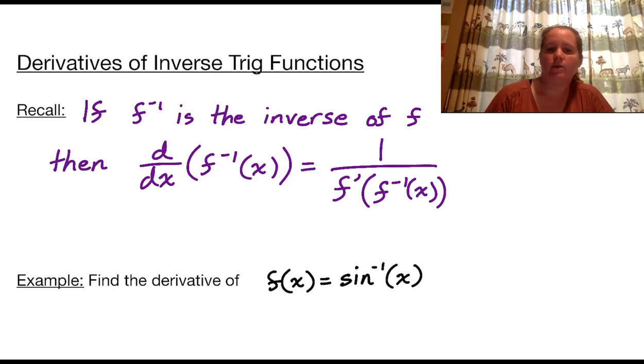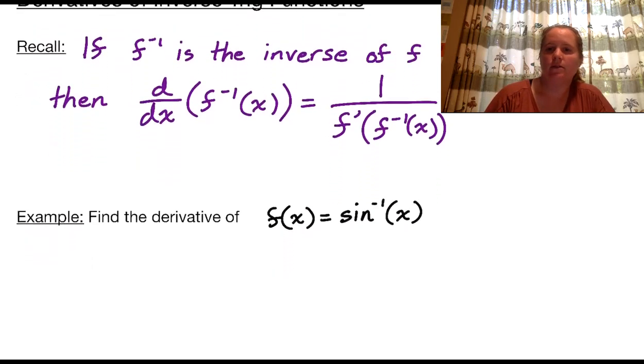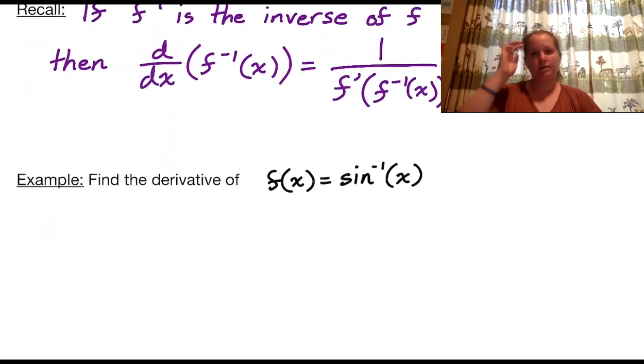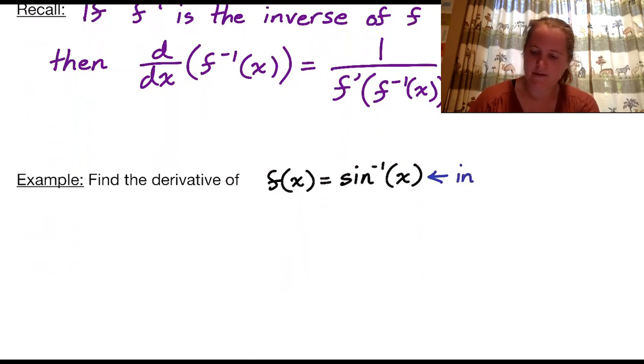So if we wish to find the derivative of sine inverse of x, then we can do this. The derivative of sine inverse of x, sine inverse, this is the inverse of sine of x.